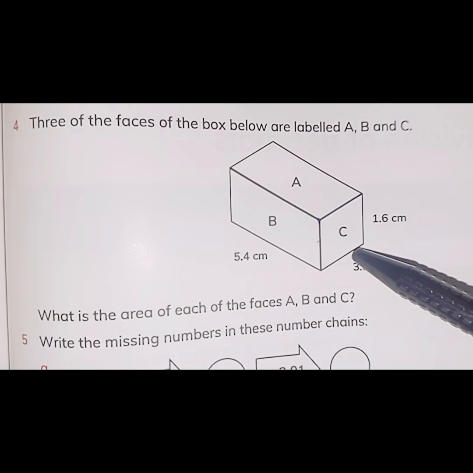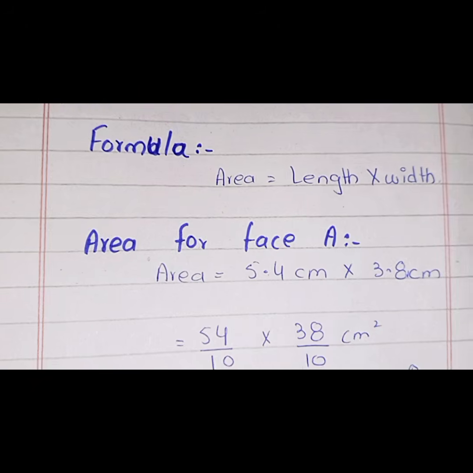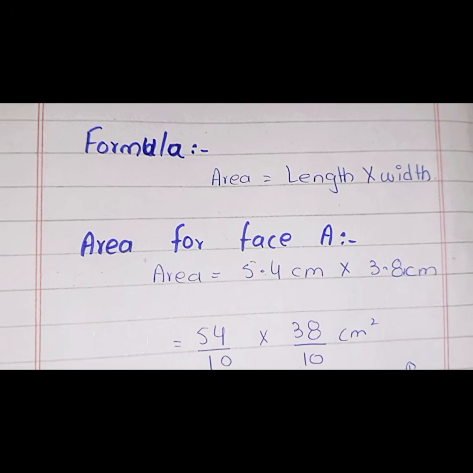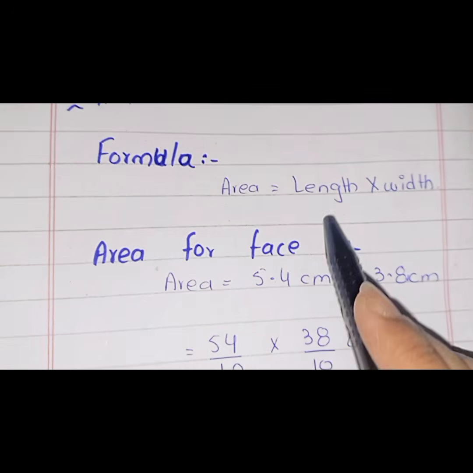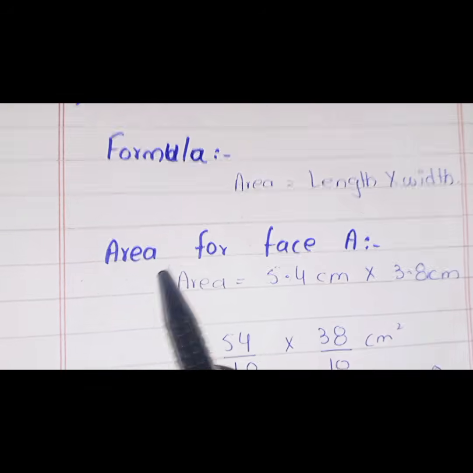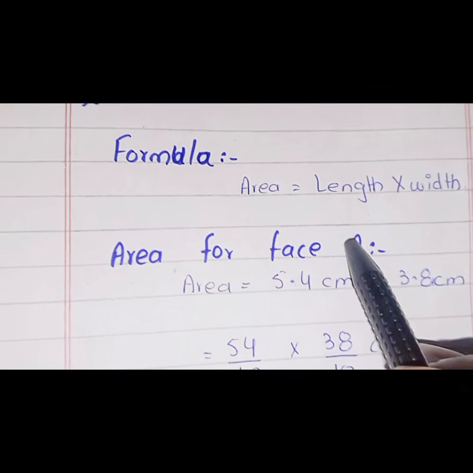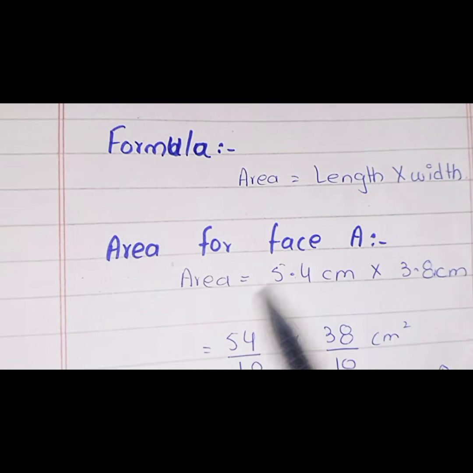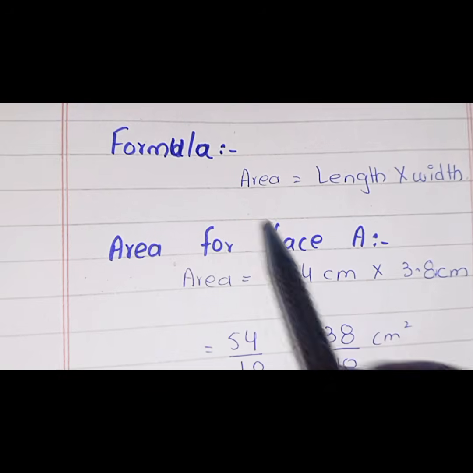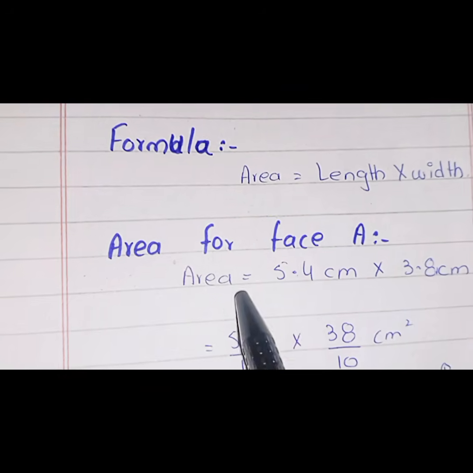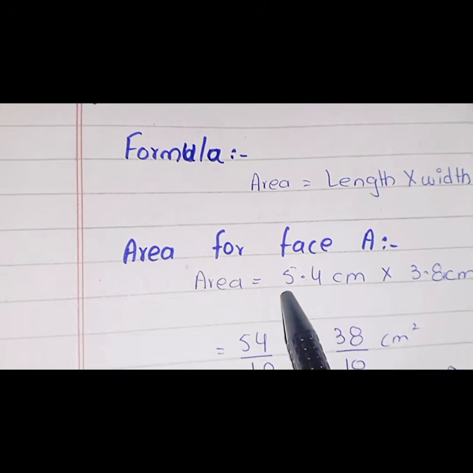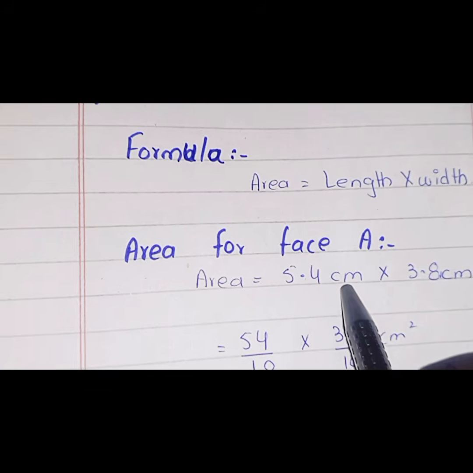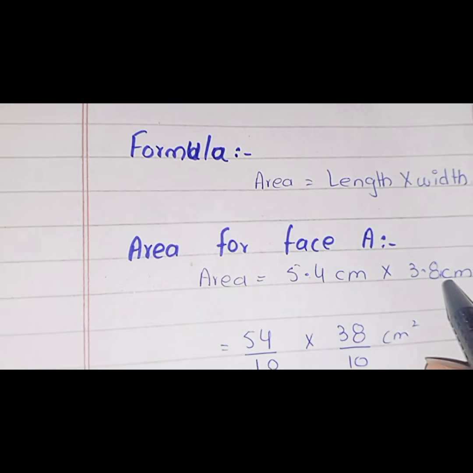Now students, let's solve this question. Look at the formula for solving the area. Area is equal to length multiplied by width. We are going to solve the area for face A. We know that for face A, our length is 5.4 centimeters and our width is 3.8 centimeters.